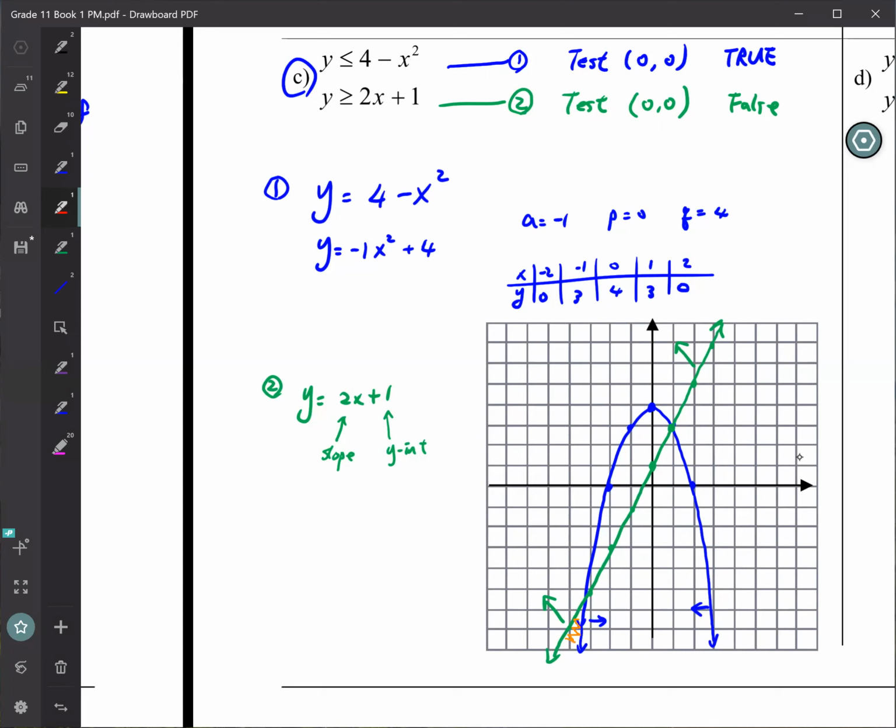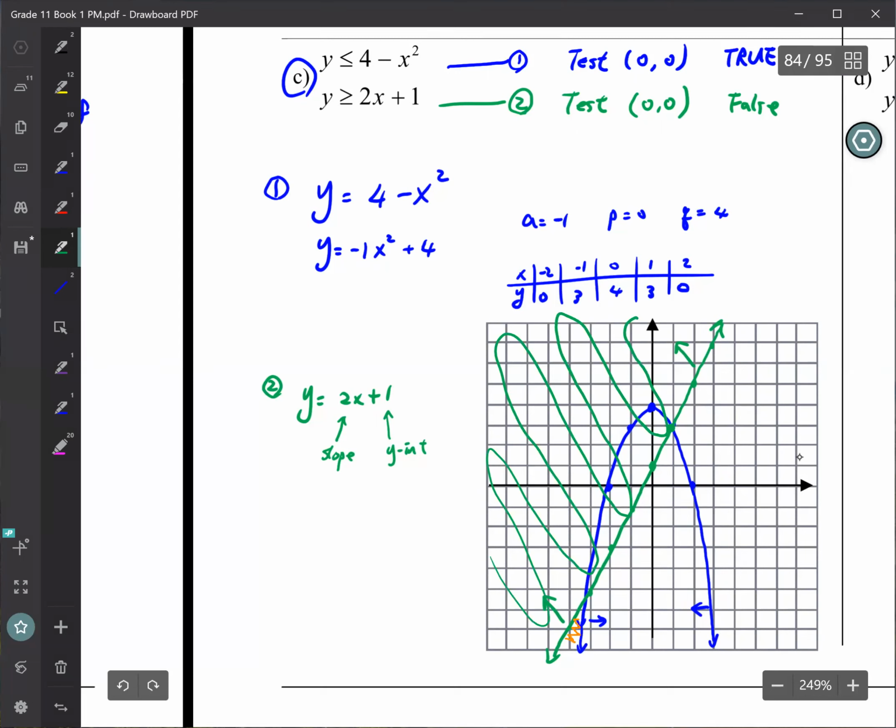Okay, how about I show the green? The green is on this part, right? Green is everything here. And then the blue is everything inside the parabola. So where is the overlap? Here? Okay, take your time.